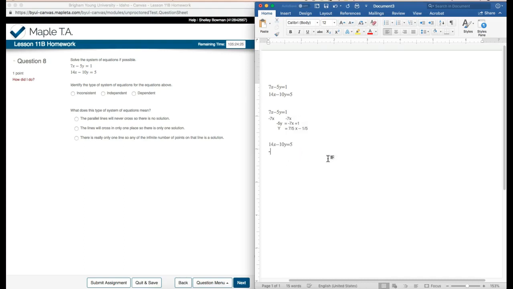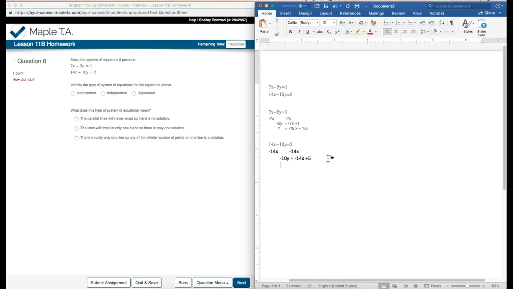So I'm going to subtract 14x from both sides. Negative 14x. There we go. So on the left-hand side, I'm left with negative 10y. And on the right-hand side, negative 14x plus 5. Now to continue, I need to divide both sides by negative 10.